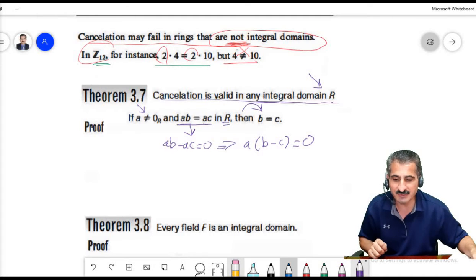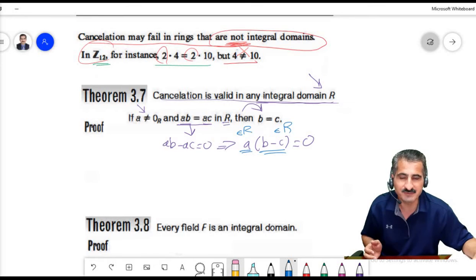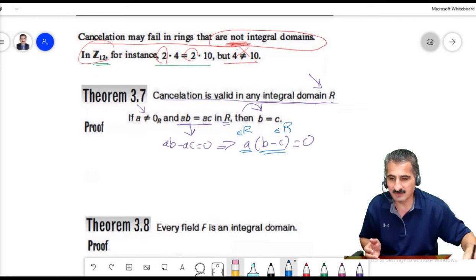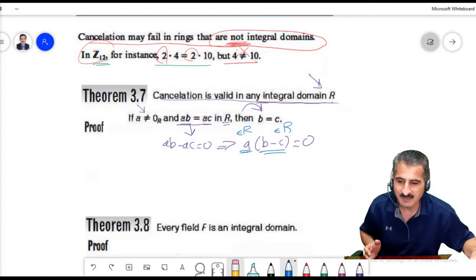But we are in an integral domain, and A belongs to R, and B minus C also belongs to R. So we have 2 elements, and when we multiply them, we get 0. But we have no zero divisors. Now, this will happen only if one of them is zero, right? This element times this element, the result is 0.